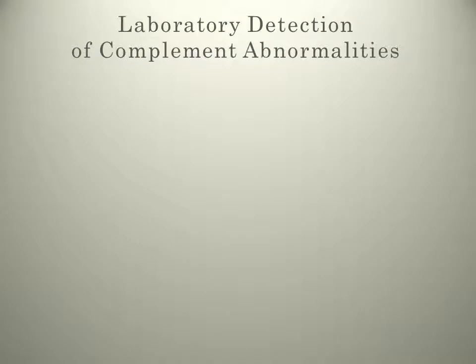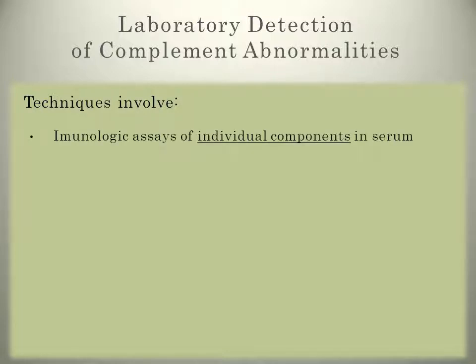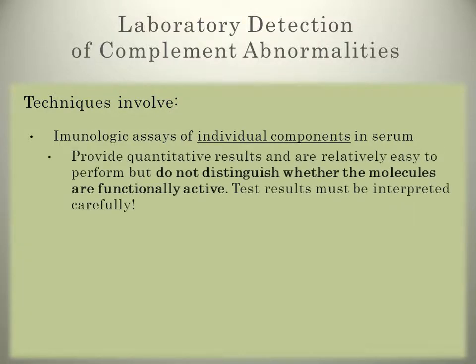So what role does the lab play in detecting abnormalities in complement? Well, there's basically two categories of testing for complement. We can test for absolute numbers of the individual complement components in the patient's serum.